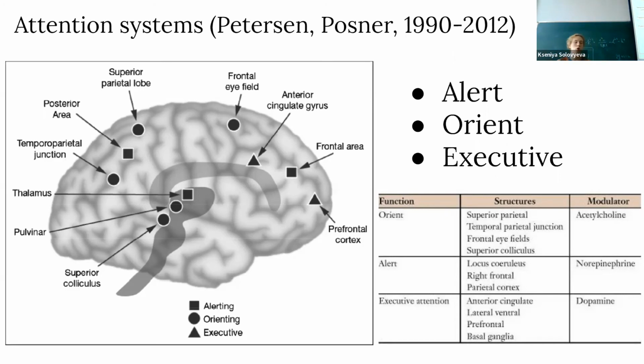So we already had the information, thanks to monkeys and all these experiments with animals, about the functions of different parts of the brain, and we had the results of the experiments with fMRI, and so he decided that there are three systems for attention in the brain. So here they are: the alert system, or system connected with diligence, the orient system, and the executive system.